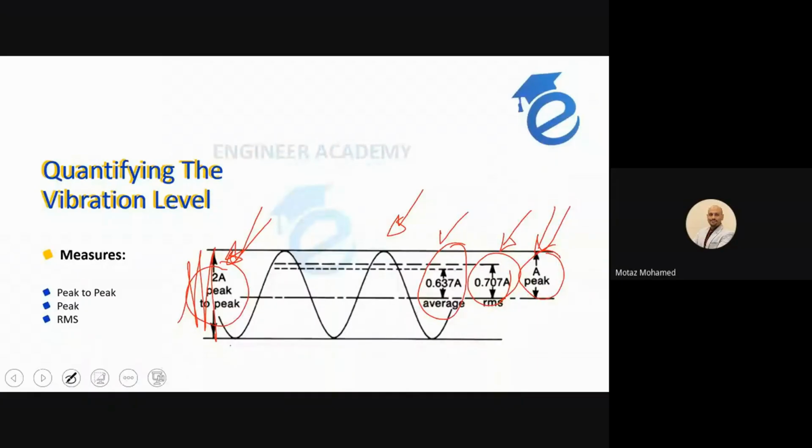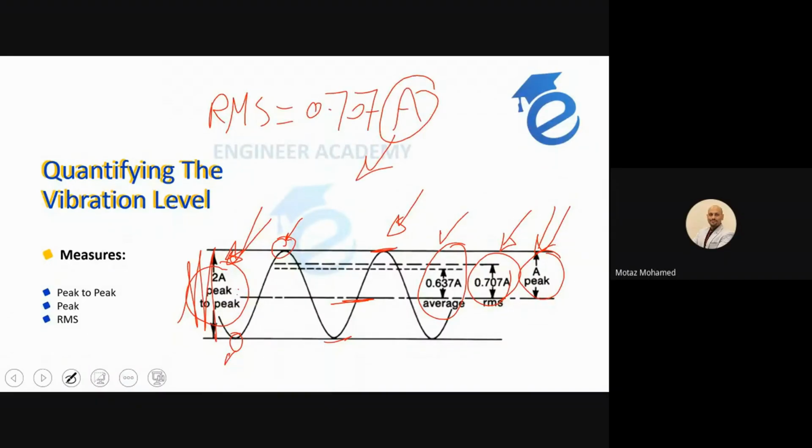What do I mean by peak? Peak is the distance between the center line and the maximum or minimum. Peak to peak is the distance between top and bottom. But the RMS value, which is the root mean square value, equals 0.707A. What is A? It's the amplitude, the peak value here.